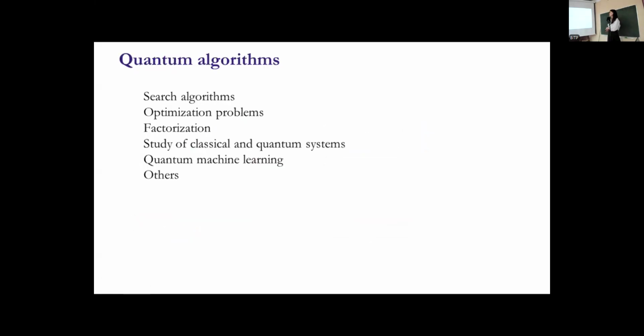So there are different quantum algorithms already developed, and we can say that we have a few directions of development of quantum programming. First of all, I have to say that these are search algorithms, optimization algorithms, factorization, but also studies of quantum and classical systems with quantum programming, quantum machine learning, and many others.